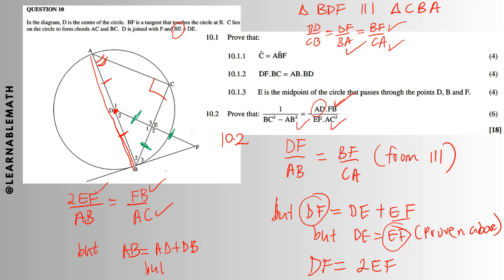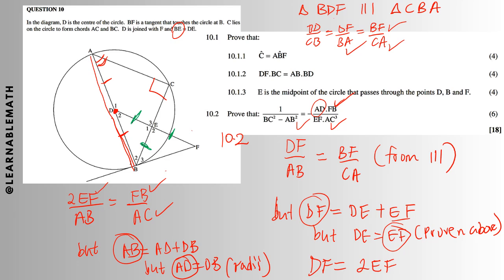But I know that AD and DB are equal, because they are equal radii. They are radiuses, so the radiuses are equal. So basically from this step I can express AB in the form of AD. Let's express AB in the form of AD.